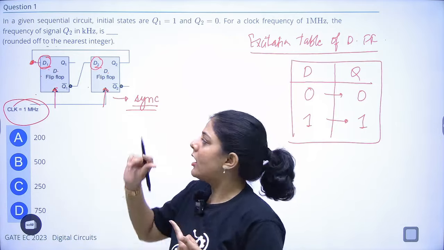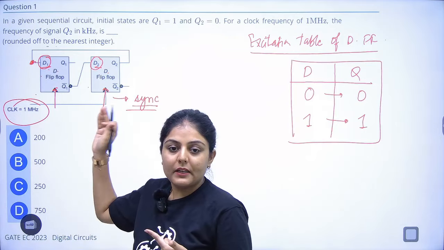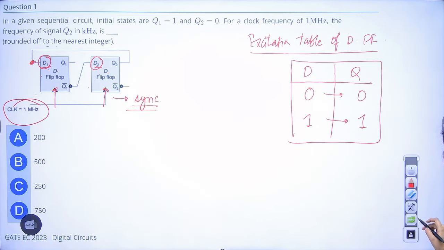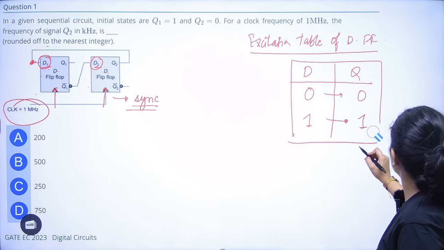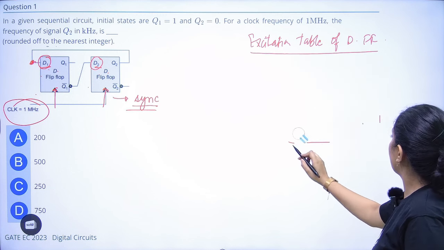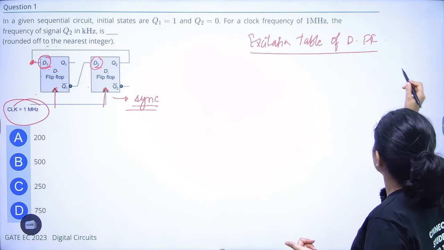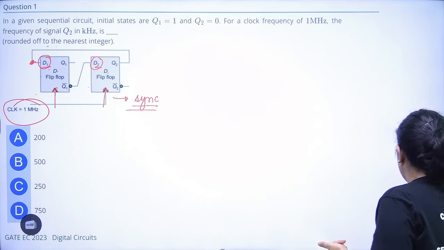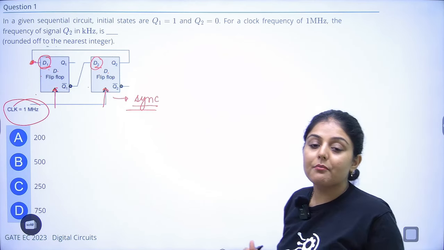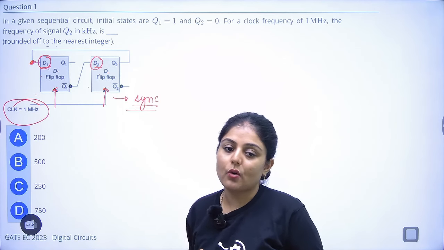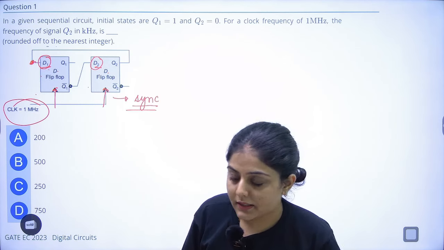At the same clock, both outputs will change, right? This was the excitation table for the D flip-flop. In sequential circuits, we mainly draw a lot of tables. From the tables only we understand what the output and the result will be, right?